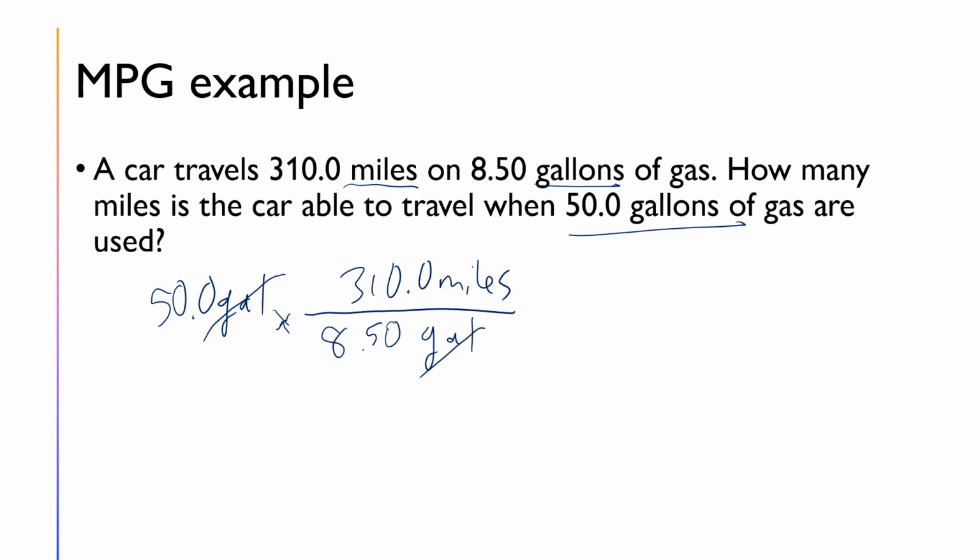That's why I chose to put this number on the bottom and this number on the top. Then you'll multiply across, 50 times 310 divided by 8.5, and you'll get the total number of miles: 1820. I rounded to 3 significant digits here because the gallons were measured in 3 significant figures. So those 3 sig figs are in our final answer.